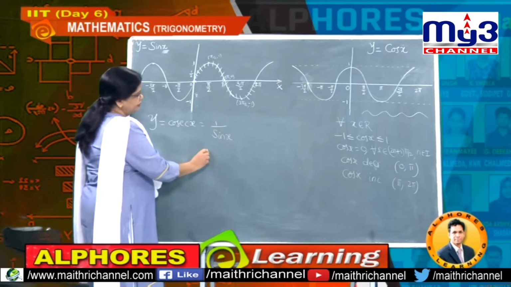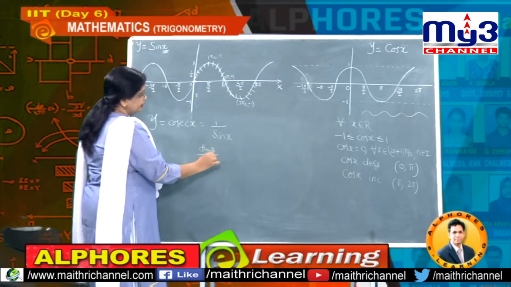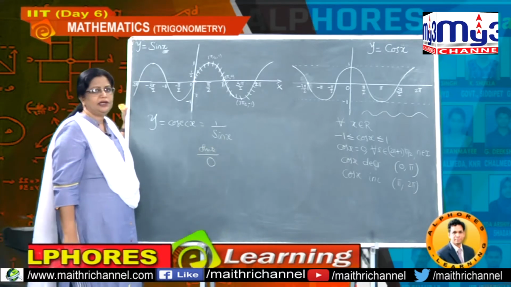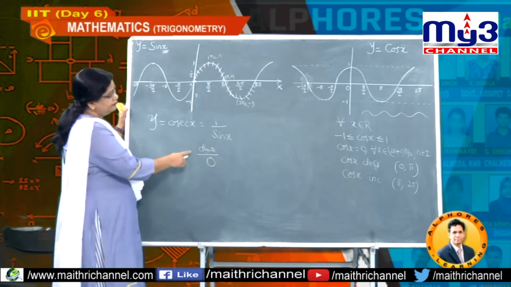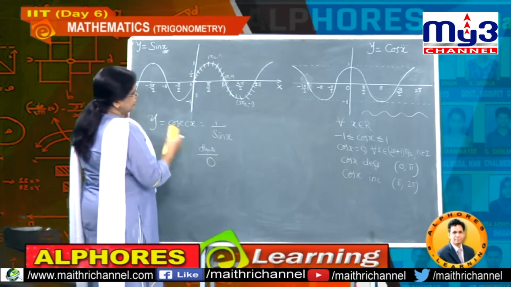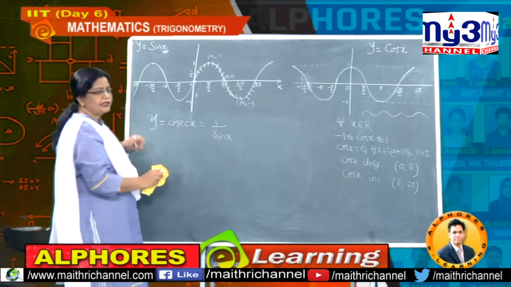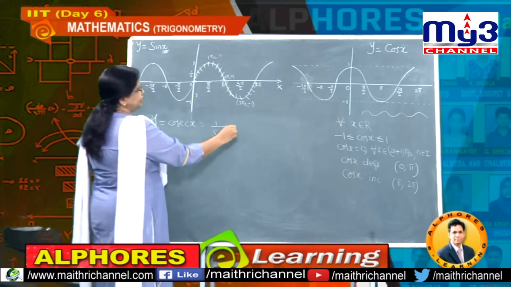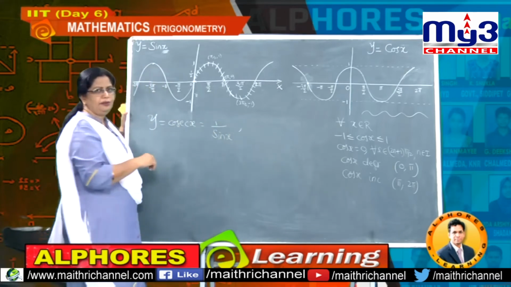all of you know, 1 divided by 0, or some finite value divided by 0, if I write, it is an undefined quantity. That's why sin x should not be equal to 0 here. And what is our observation? Sin x is 0 when x is equal to n pi.